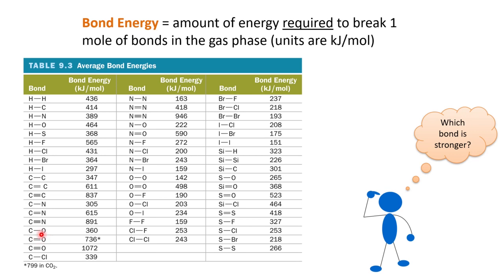This is an average bond energy. So in general, when you have a carbon-oxygen double bond, it's around 736, but not exactly, unless it's in CO2. The carbon-hydrogen bond is about 414, but in different compounds, it might actually be a different value, and that's because when an atom is bound to other atoms, the way those electrons are shared can change, right?